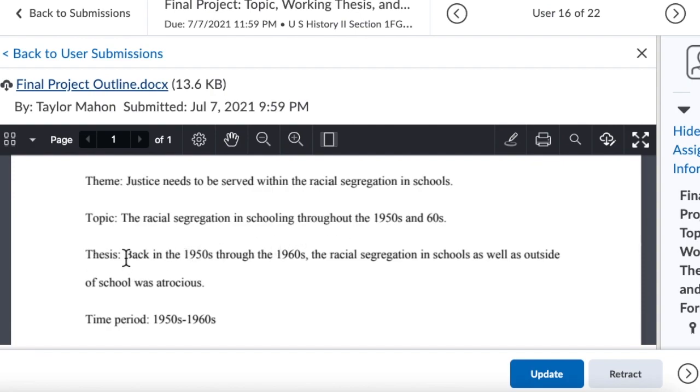And the thesis has to be in the form of an argument. Now, this is an argument, but it's very vague. And, of course, atrocious is a totally meaningless word. It means bad, of course, but bad is something that can't really be measured. An example of a thesis would be, between 1954 and 1968, racial desegregation achieved what?